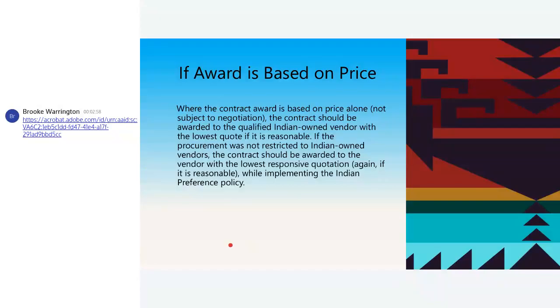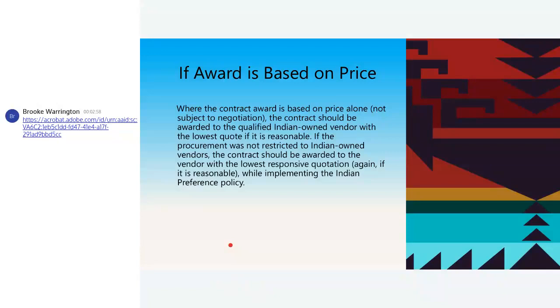So if your contract award is based on price alone, not subject to negotiation, your contract should be awarded to your qualified Indian-owned vendor with the lowest quote, if it's reasonable, okay?